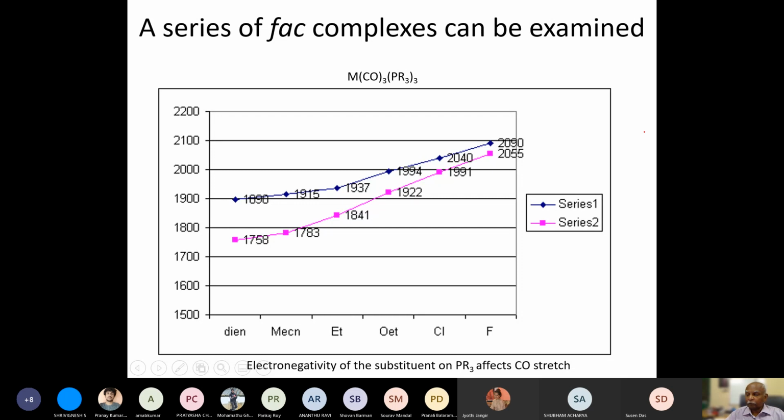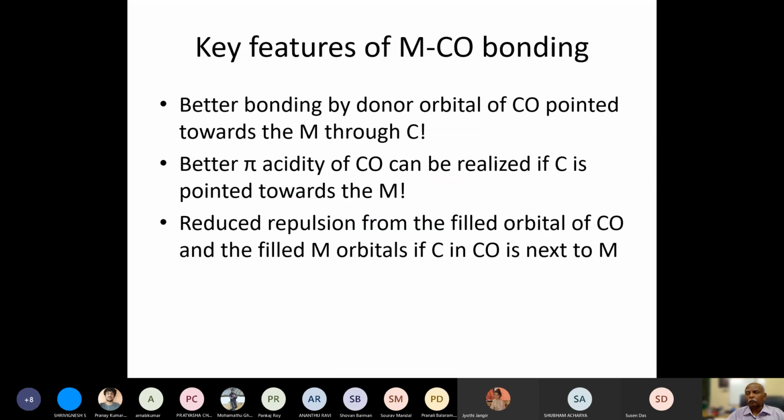So here I have for you this PF3, PCl3, P(OEt)3, PEt3, etc. And I find that there is a reasonable relationship between the trans ligand and the carbon monoxide stretching frequency, which also seems to suggest that it can be because of this poorer pi acceptor property of the trans ligand, or the absence of the pi acceptor property of the trans ligand.